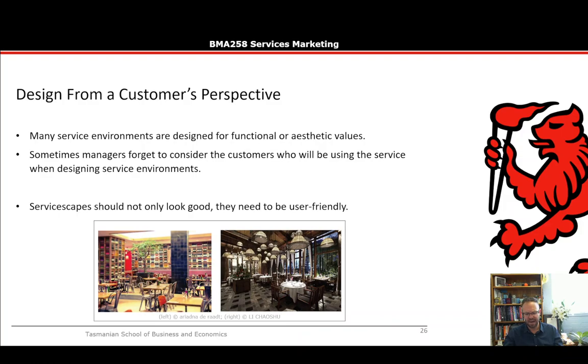So if we are the manager of the store, or a marketing manager, designing a servicescape, we're thinking, oh, that's going to look good, I like the look of that, and go through all these things in our brain. Sometimes it's good to take your key customers through and see what they think about it, because you can see it from the customer's perspective.